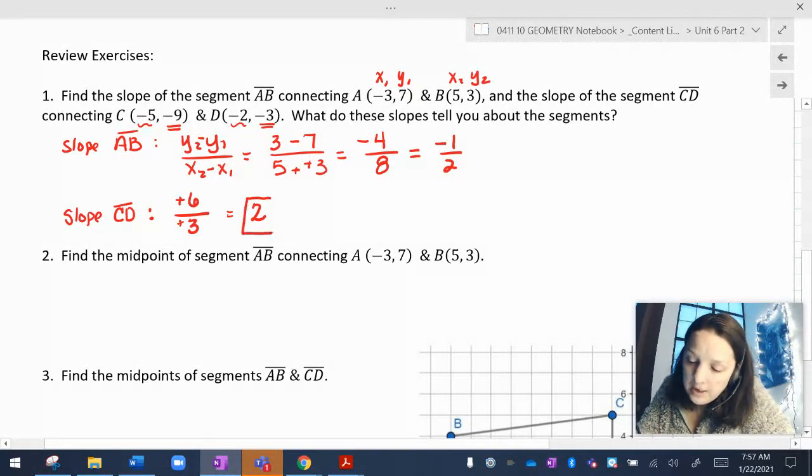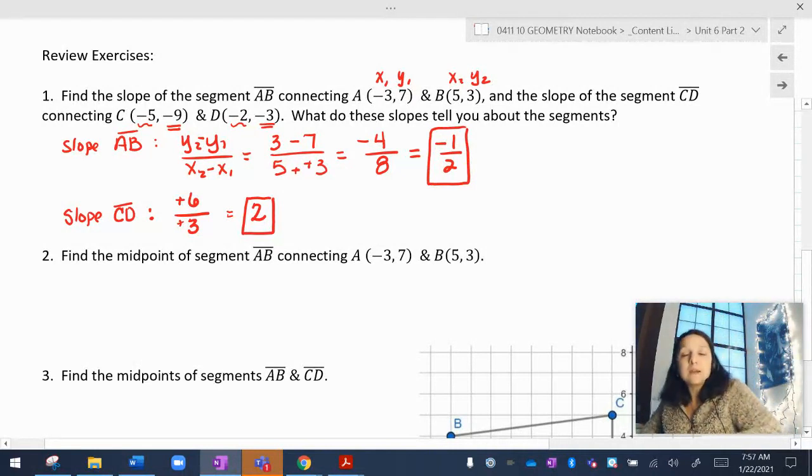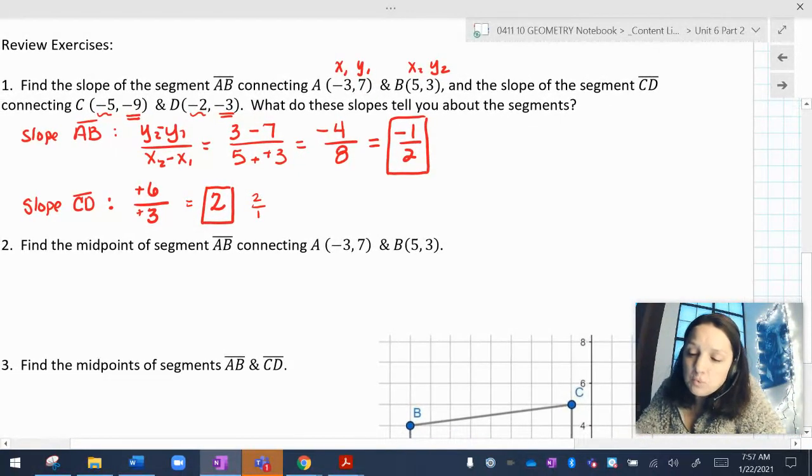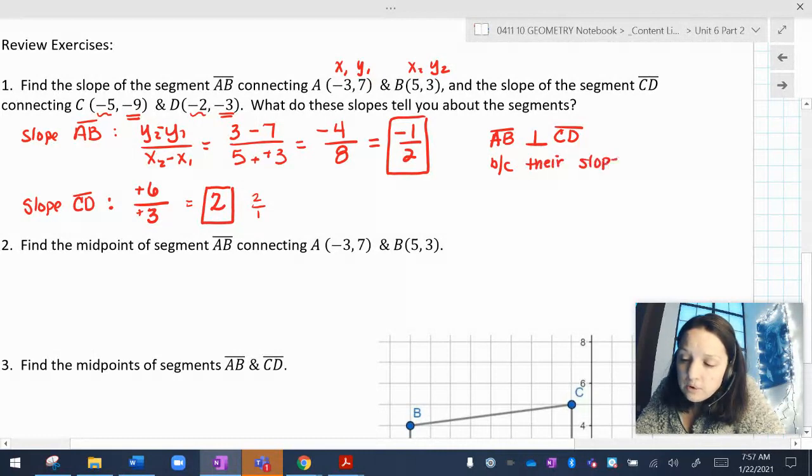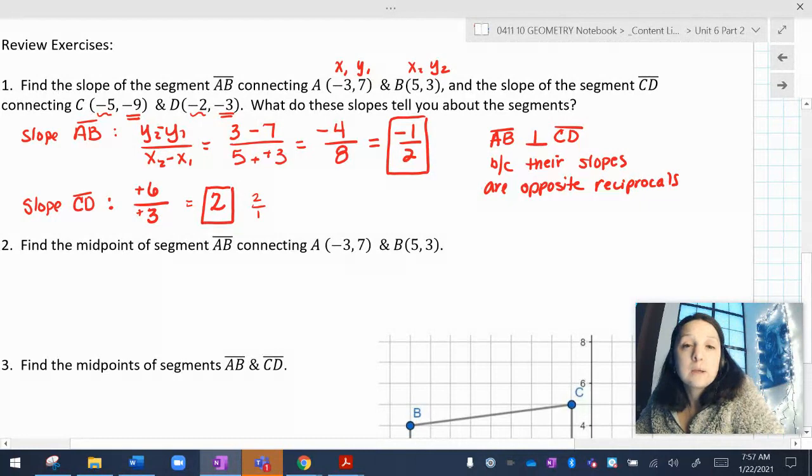All right. Now, if I have a slope of 2 and a slope of -1/2, you can think of 2 as 2 over 1, and the -1/2 is -1 over 2. Those are opposite reciprocals. So I know that AB is perpendicular to CD because their slopes are opposite reciprocals. Not so bad.